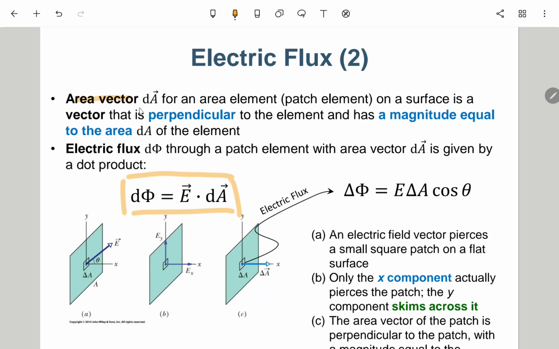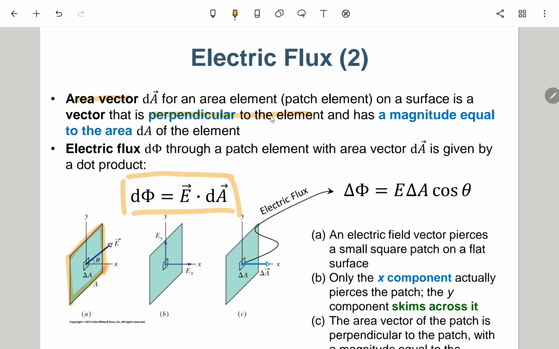So this is called the area vector, and of course the area vector is a vector. When we talk about a vector, the simplest way to define it is to know its direction and magnitude. Here it says it is perpendicular to the element. This is the element, and we try to define the area vector for this element.